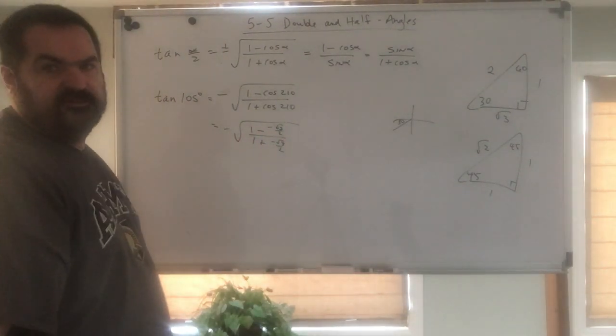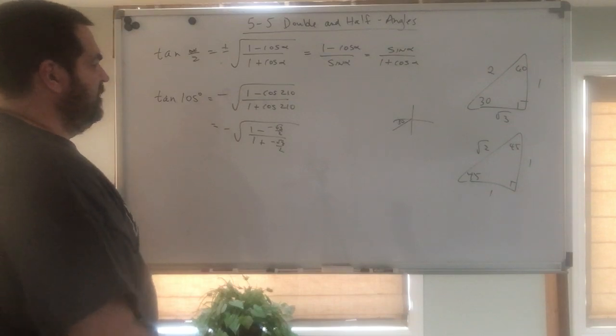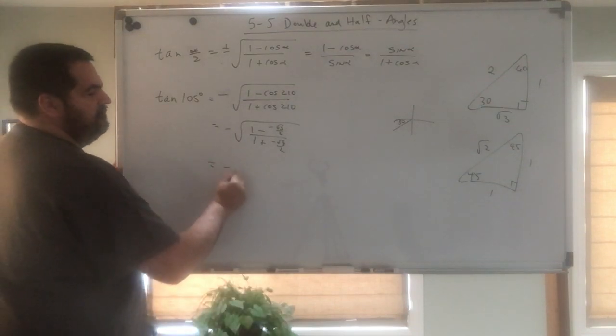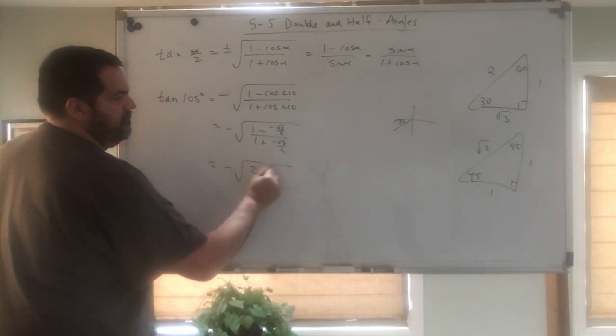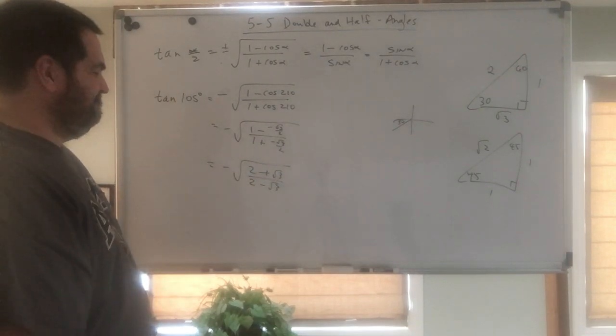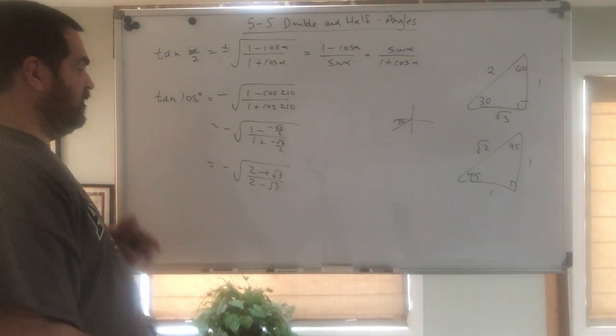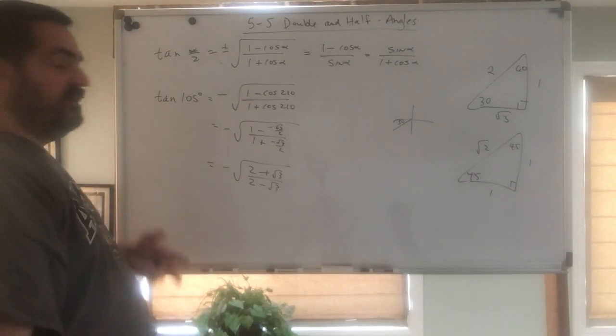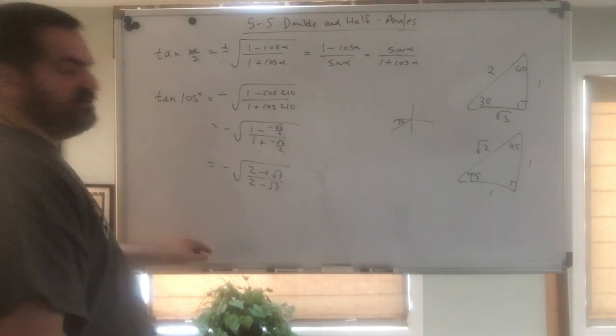You can already tell this one's just going to be nasty. So I would multiply everything by 2. But it's still got some nastiness to it. So what we would end up having to do is kind of multiply by a conjugate in here.